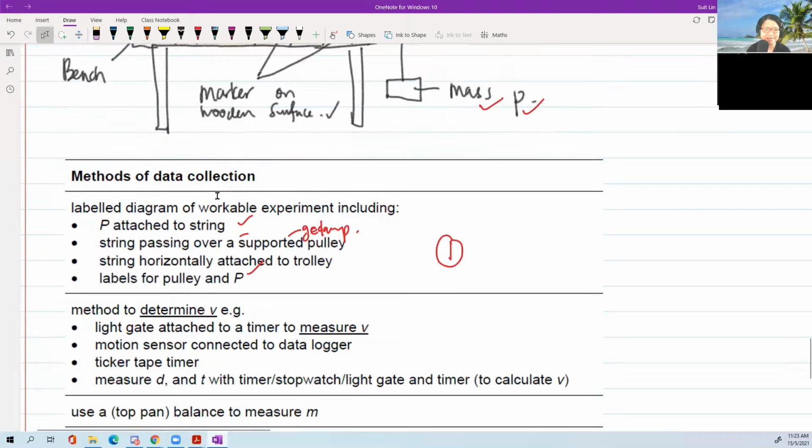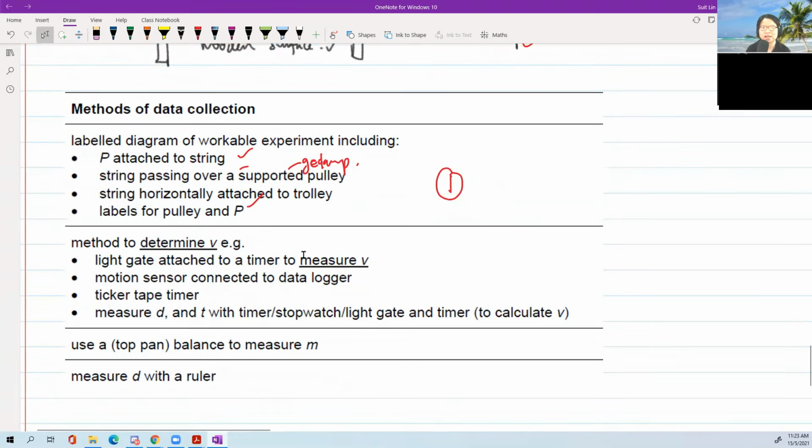Next. Determine V. So you see, light gate attached to timer to measure V. If you don't know how a light gate looks like, all these boxes physicists draw, but they never show you in real life, which is a bit sad. Hang on.